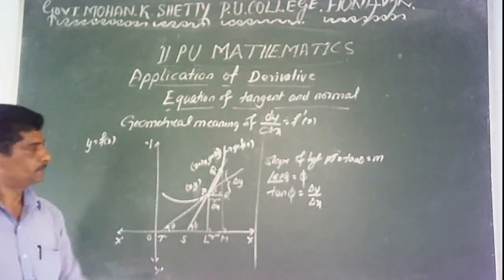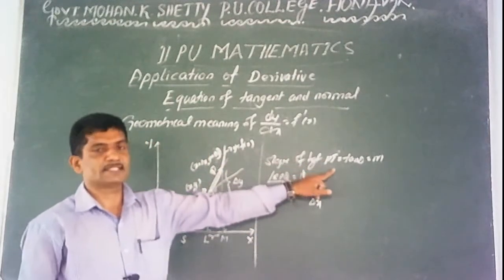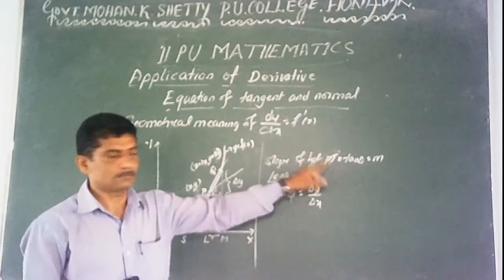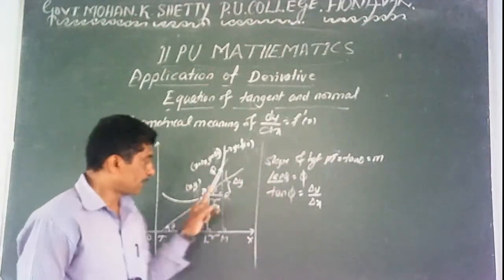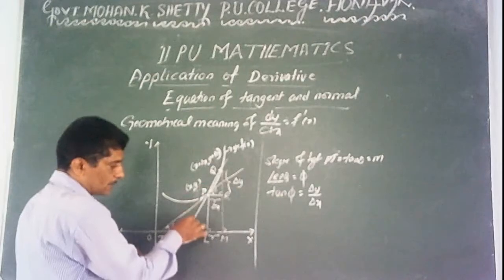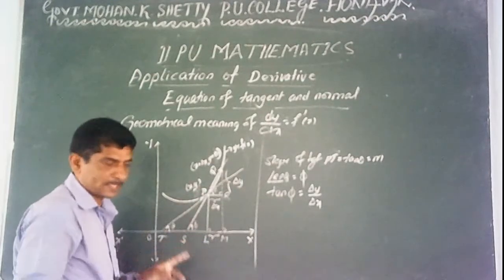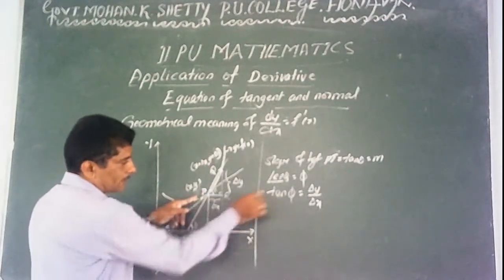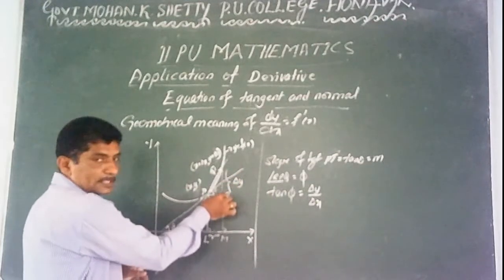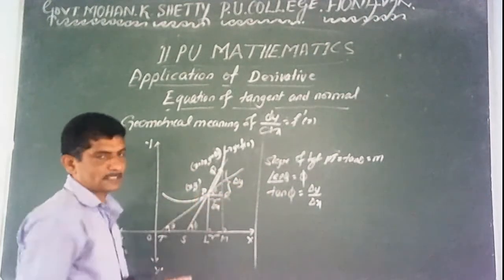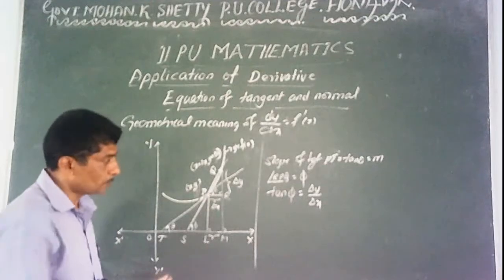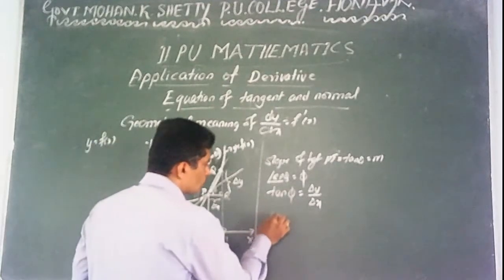It's clear? Here you know that geometrically tan theta is the slope of the tangent m. Tan psi, the chord makes an angle psi to the positive direction of x-axis. Then the value of tan psi is exactly equal to delta y upon delta x, the incremental ratio. Suppose you say that this Q tends to P.